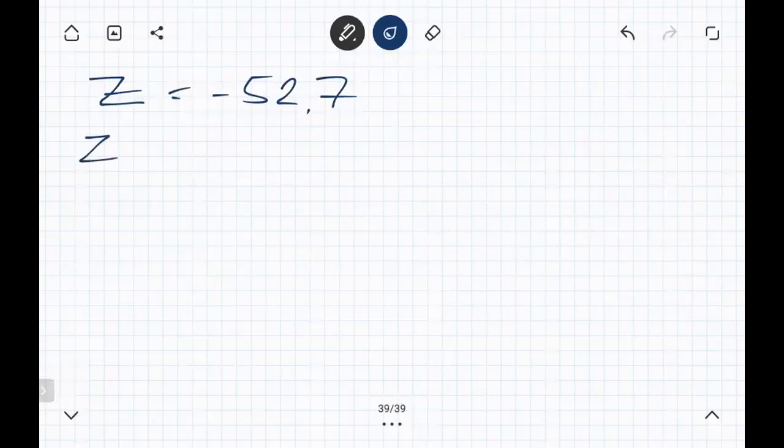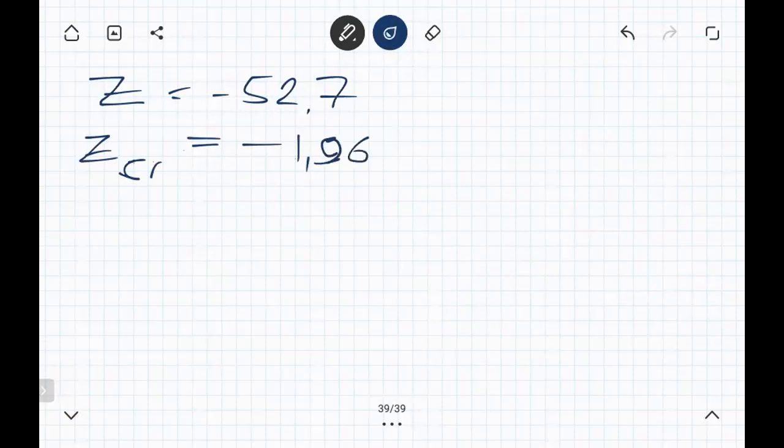And my critical value or boundary value, I'll call it a critical value, is minus 1.96.